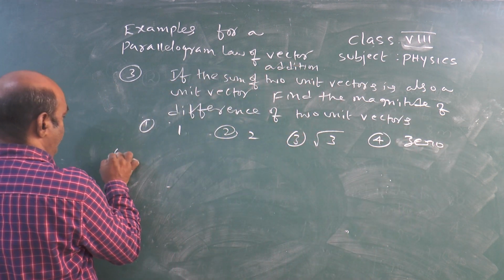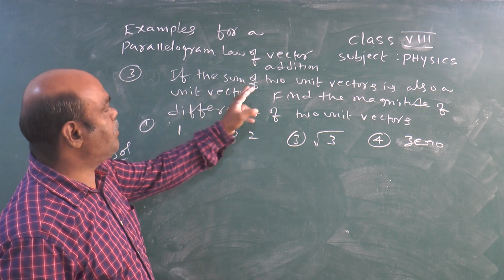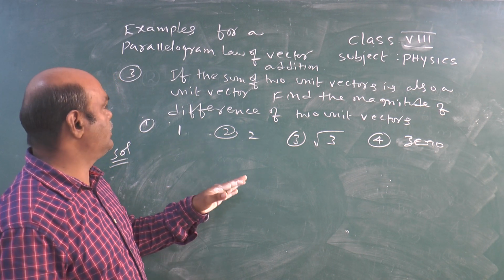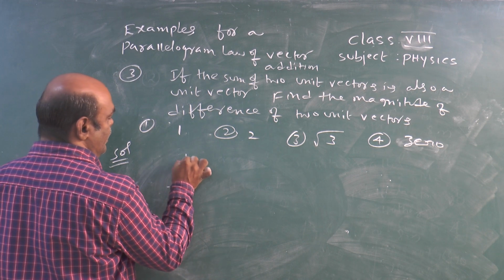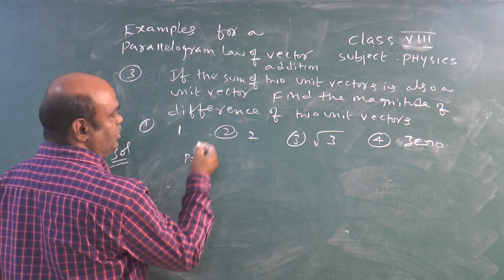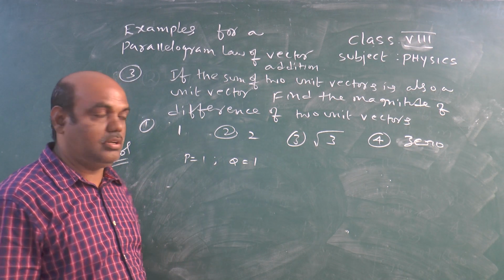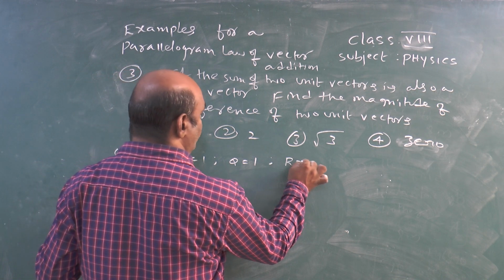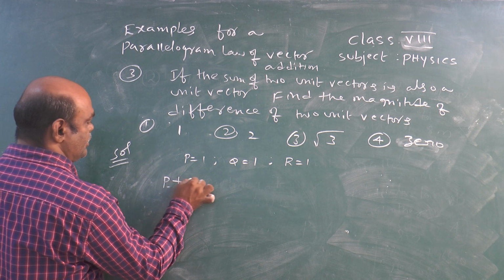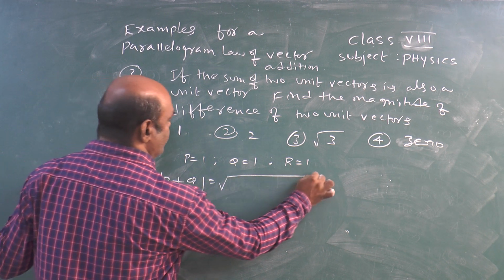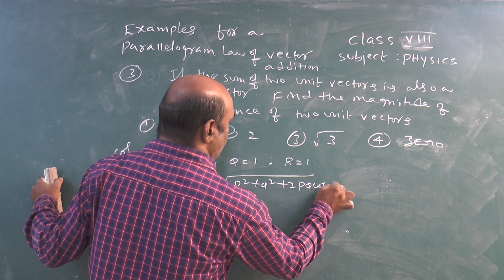So what is the solution? If the sum of two unit vectors is also a unit vector, consider P equals 1, because the magnitude of a unit vector is 1, Q equals 1, and the resultant sum value is also 1. So for the sum P plus Q, the magnitude is the square root of P square plus Q square plus 2PQ cos theta.